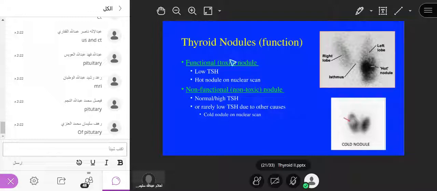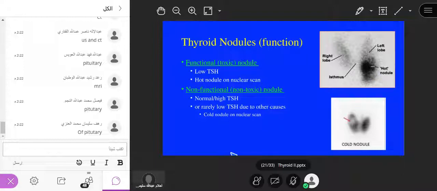And if I do the nuclear scan, it will appear hot. How is it hot? It takes all the iodine and the rest of the gland has decreased uptake, because the nodule took it all for itself. That's why it's called toxic. It takes everything for itself.